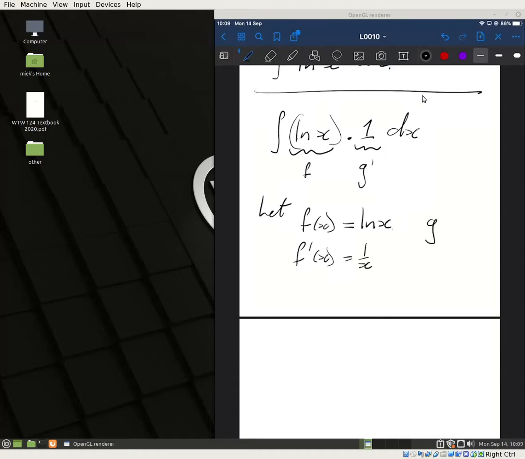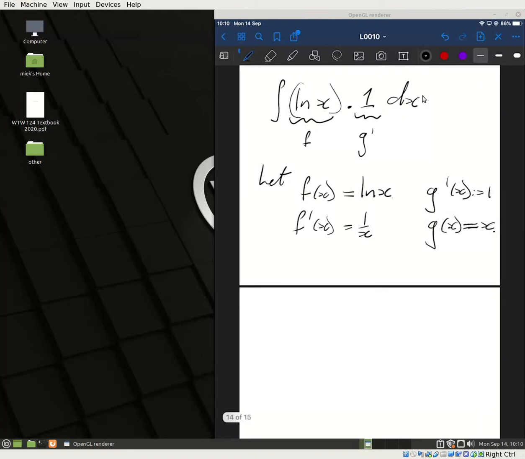Our g prime of x, let's define that as 1, and what function has a derivative of 1? We can use just the identity function, so the function that sends x back to x.